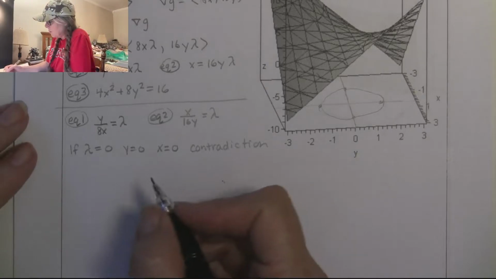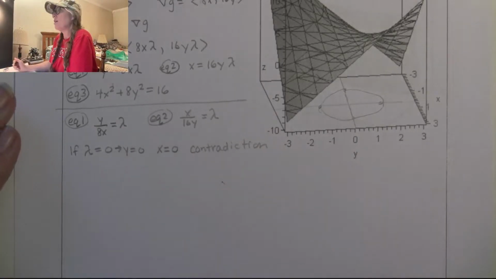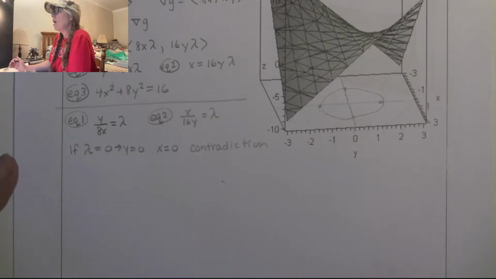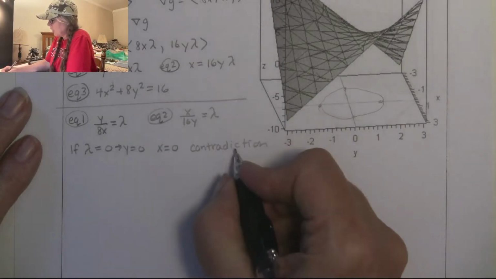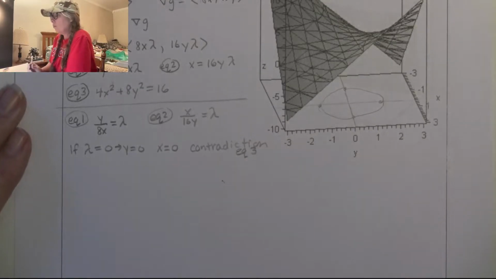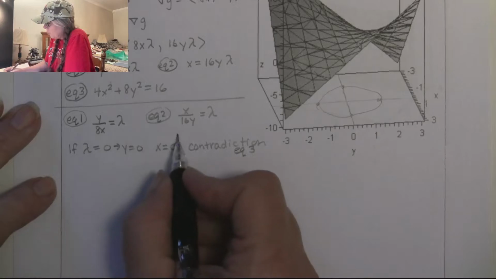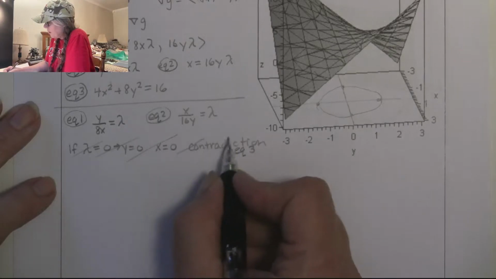When lambda is 0, that leads to y is 0 and x is 0, and that leads to a contradiction in equation 3. So every time we find something, we're going to make sure that it doesn't make a contradiction in any of them.